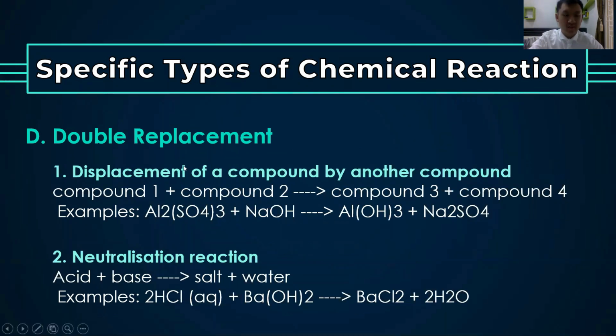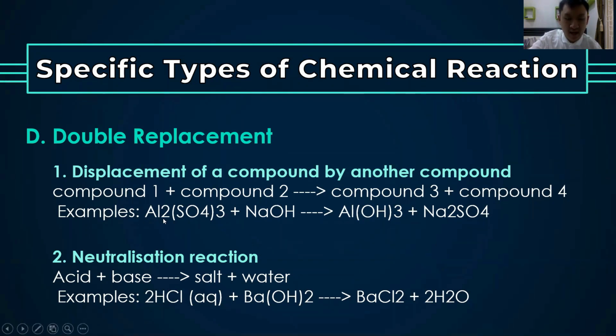Now onto the last general type, the double replacement. The specific type of double replacement includes the displacement of a compound by another compound. The formula is compound 1 plus compound 2 yields compound 3 plus compound 4.